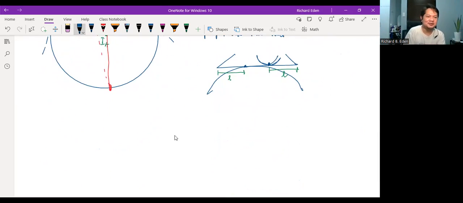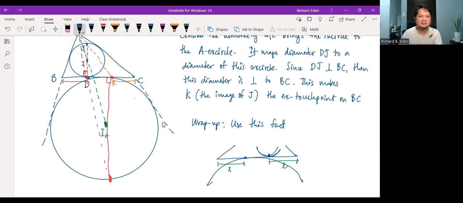Next example. Three circles. Construct the excircle using compass and straightedge without using angle bisectors. Be careful though, because external angle bisectors are also angle bisectors.